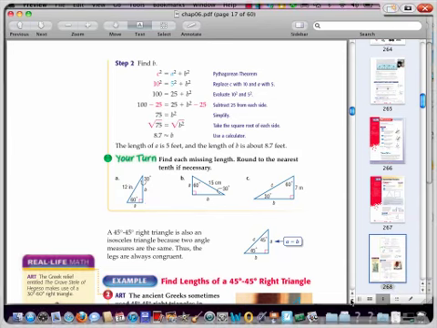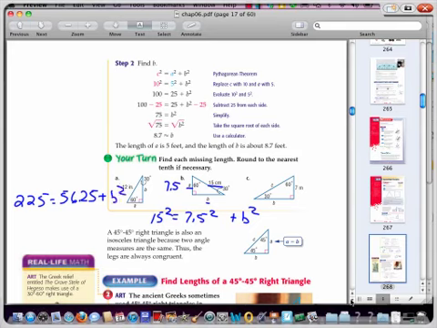Okay, let's do B. All right, so here we go. We got 15 there, so we know that this is going to be 7.5, and now we've got our one last side to figure out. So 15 squared equals 7.5 squared plus B squared. We do the same things that we've been doing here. Okay, so 15 squared is 225. 7.5 squared is 56.25 plus B squared.